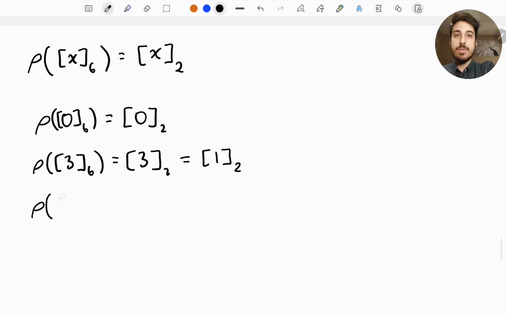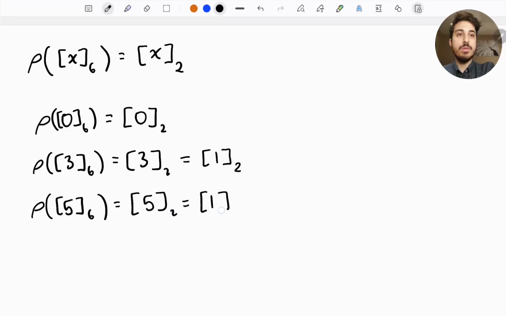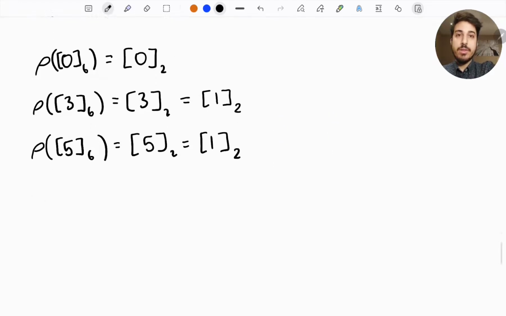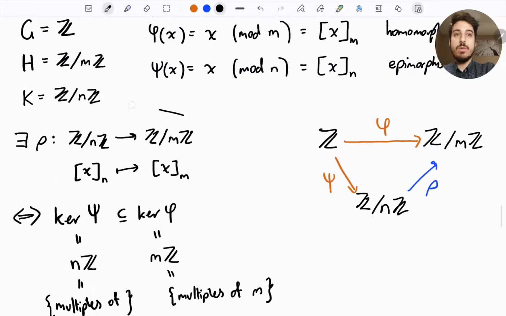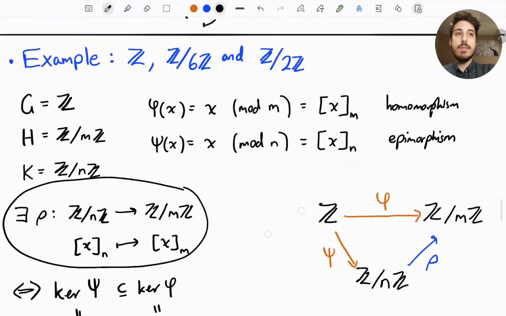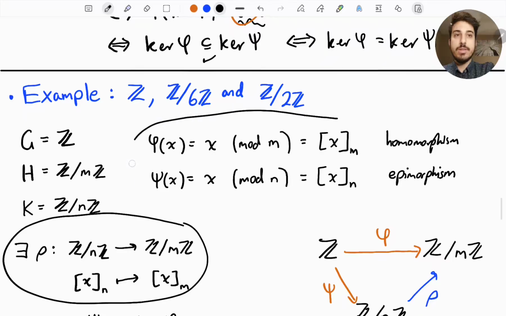Rho of 5, for example, is also going to be at the end 1 modulo 2. And moreover, this rho is unique, as we have proven. In other words, there is no other rho that we can define based on the definitions of phi and of psi.